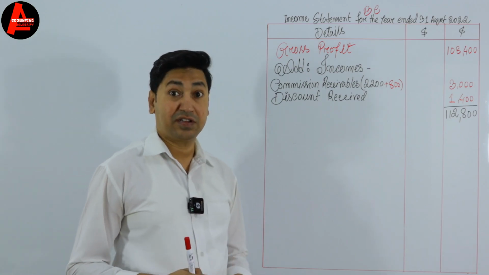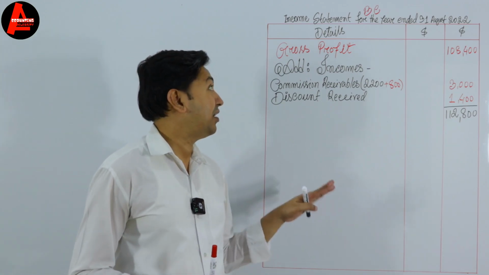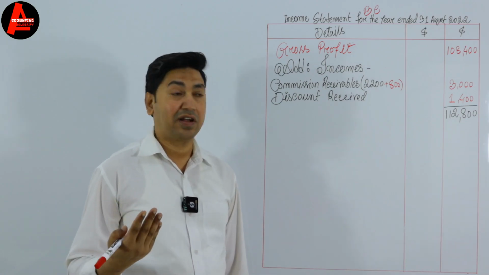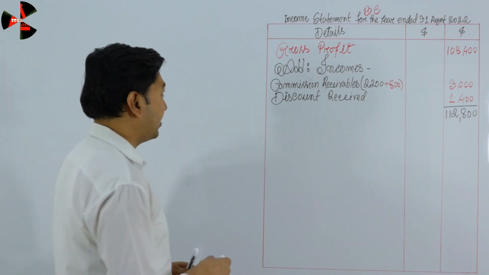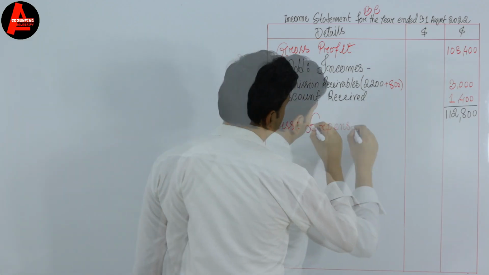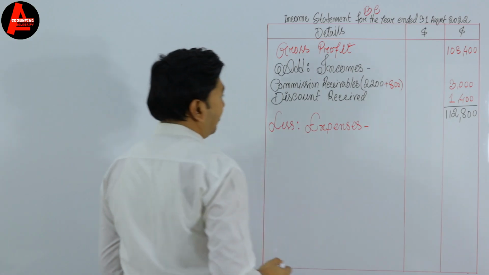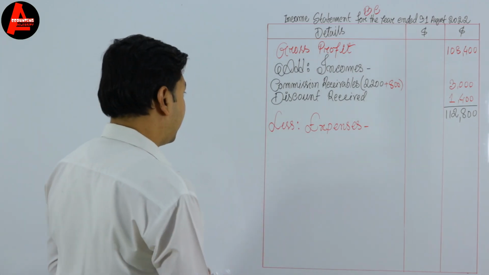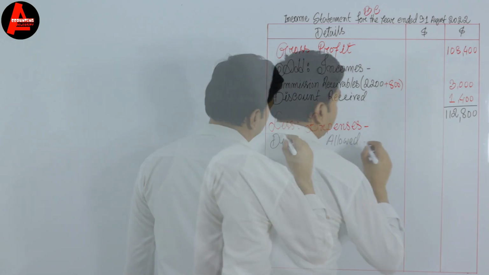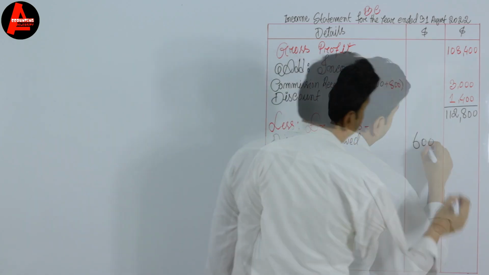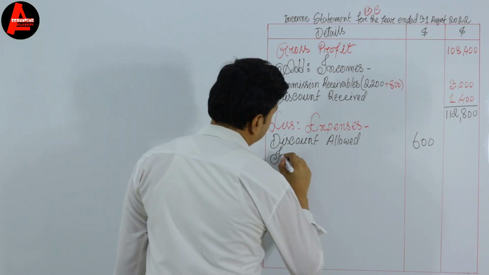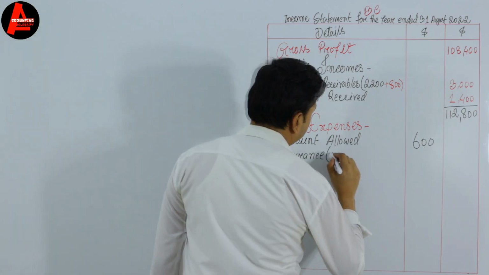So it is an expense, but it will not come in this section; it appears in the first section, the trading account. So let us write less expenses. First of all, we write discount allowed, $600.